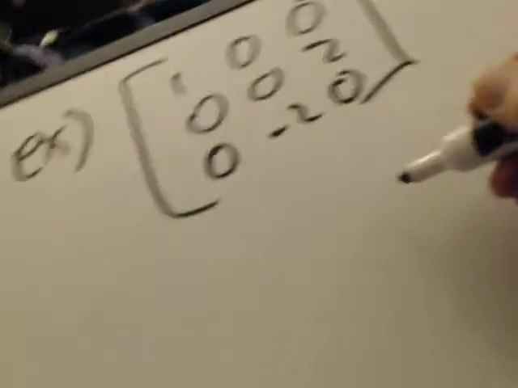Alright. For our last example for the course, we're going to use this equation: 1, 0, 0, 0, 0, 2, 0, negative 2, 0. This is a very sparse matrix, which makes us happy.